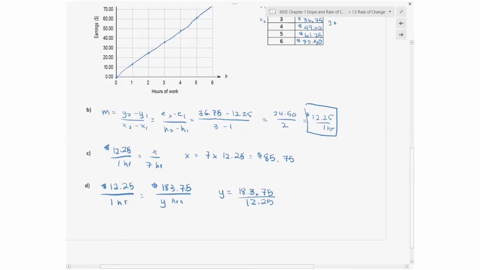So you might have also thought, well, if he's getting 183.75 in total, he's getting this much per hour, I can just divide them, and yeah, you're right, and that'll tell you how many hours he worked. So 183.75 divided by 12.25 will give you 15. So he worked 15 hours.